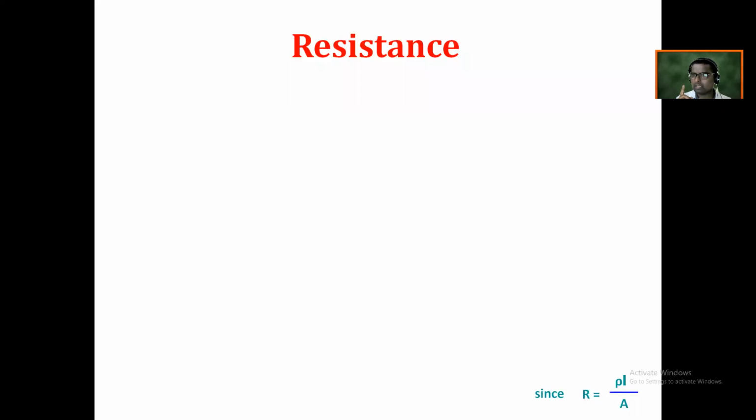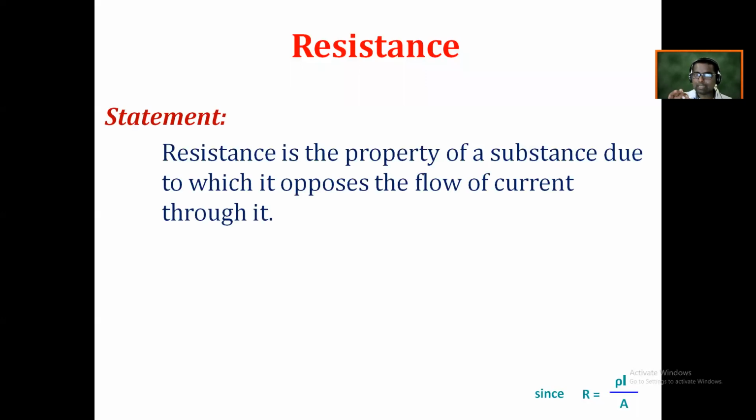जर तुम्ही फक्त असं म्हणत असाल की opposition to the flow of current, opposition to the flow of free electrons, it's an incomplete definition, because the resistance is the property of a substance. A particular substance property आहे, due to which it opposes the flow of current through it. आता फ्री इलेक्ट्रॉन्सला अपोज करतोय म्हणजेच नेमकं कशाला अपोज करतोय? करंटला अपोज करतोय.